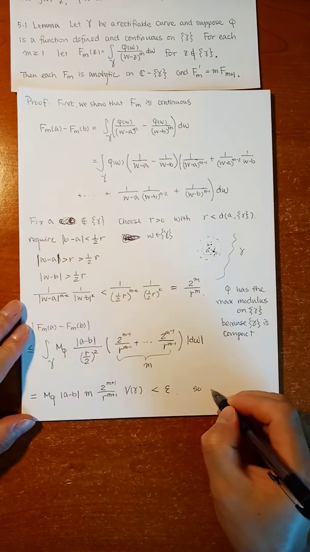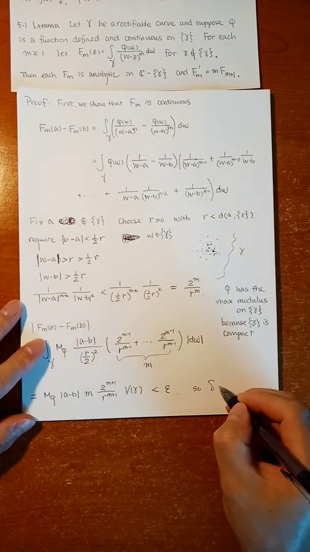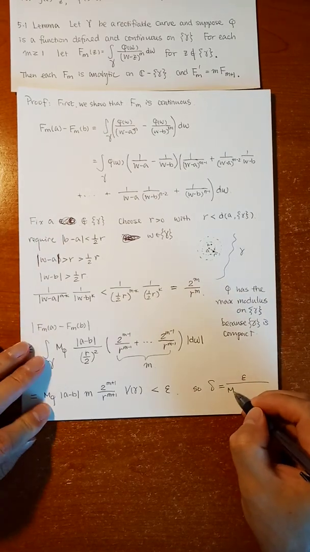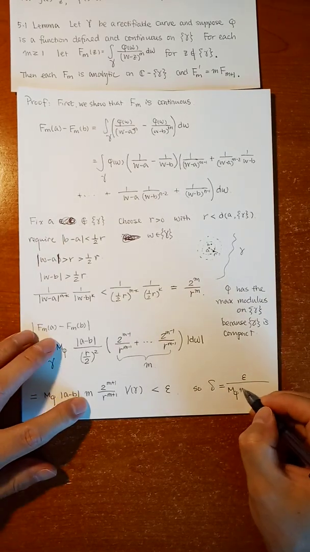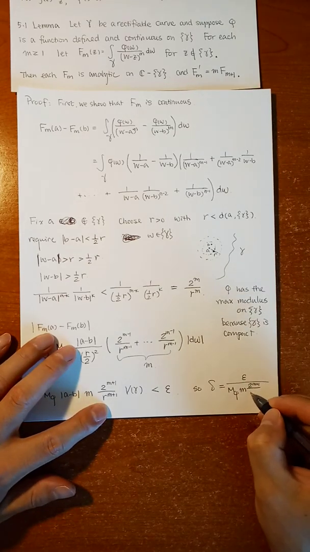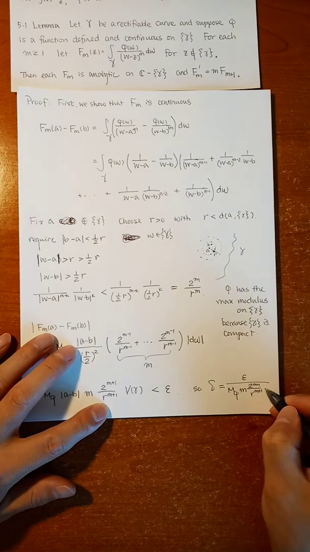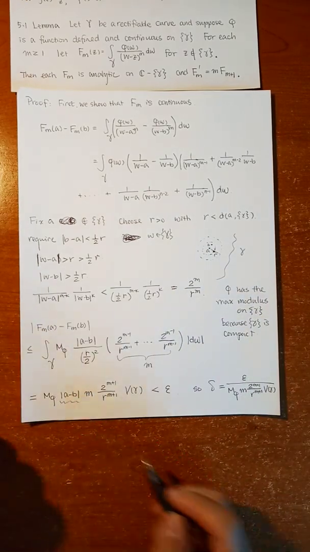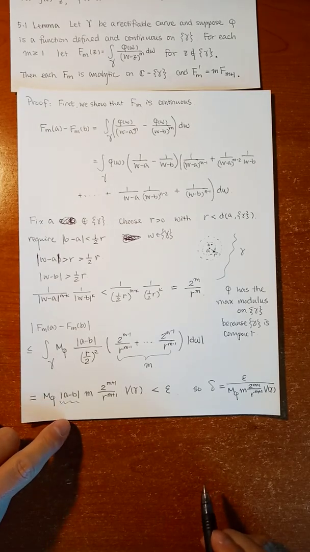So delta should be epsilon over M_phi times m times 2^(m+1) over r^(m+1) times the total variation of gamma. Delta controls this |b − a|.